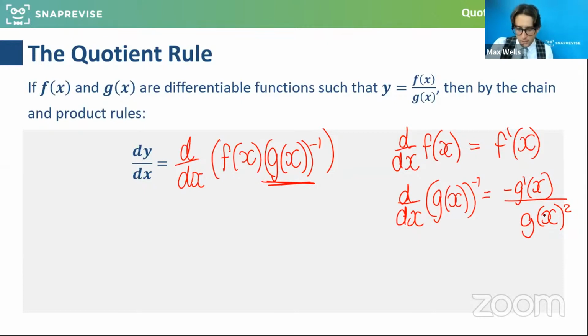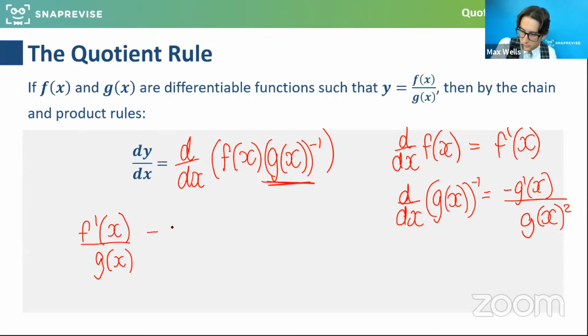To combine this as a single rule, and we're doing a product as well, we end up with f dash of x over g of x, plus minus, because this one's a minus, we end up minusing off f of x, g dash of x over g of x squared.